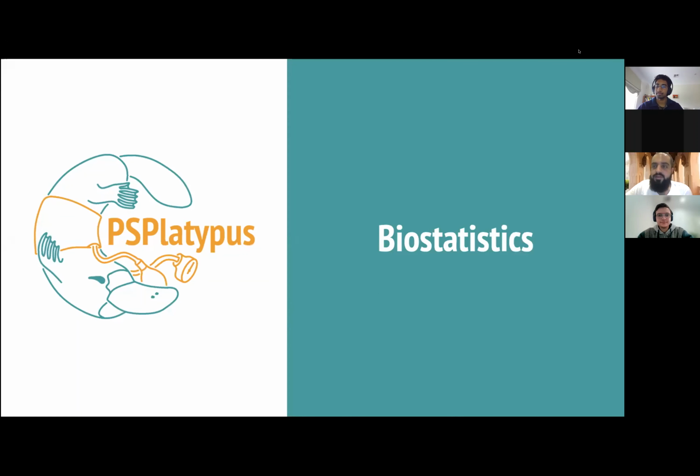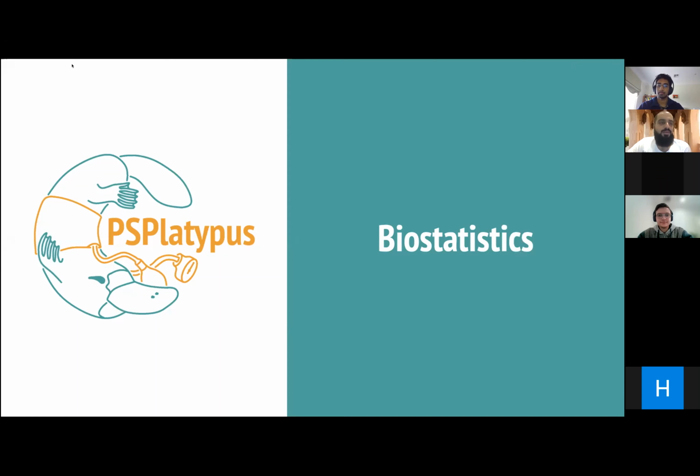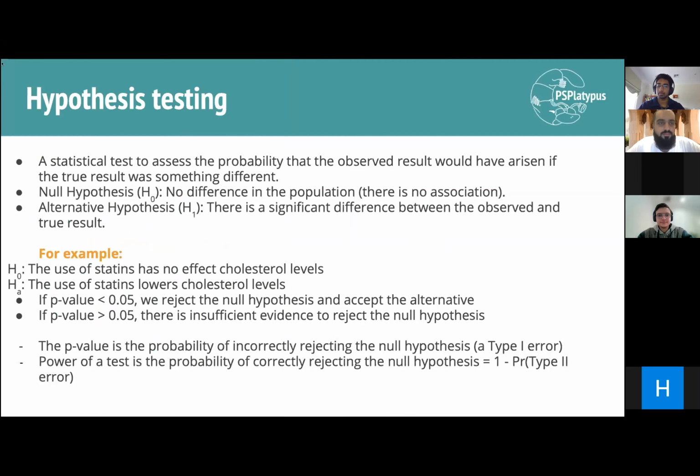All right. So now we are going to talk about biostatistics. As we learned before, biostatistics is the analysis of epidemiology. It's to understand what this number means, or how we can apply this number into context.